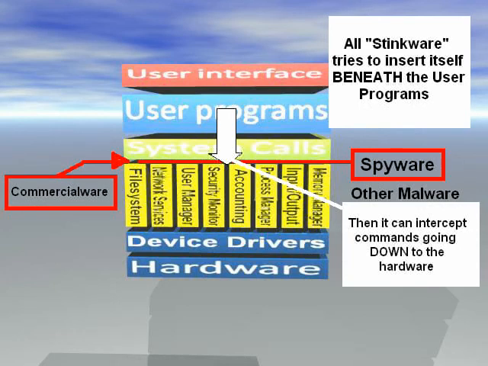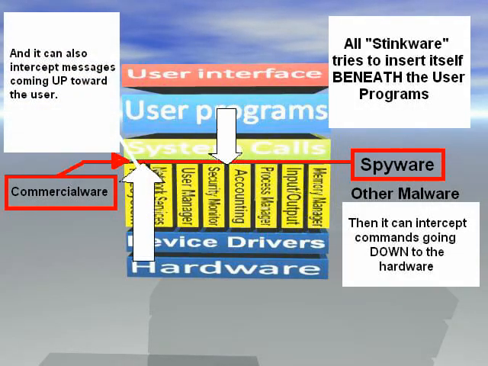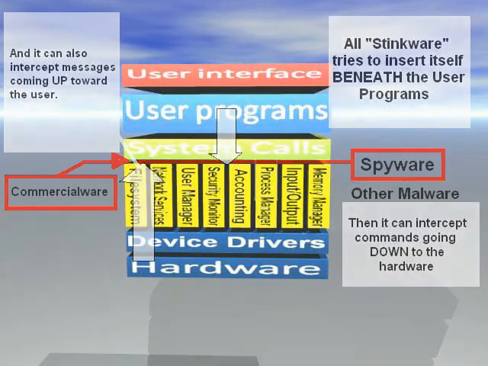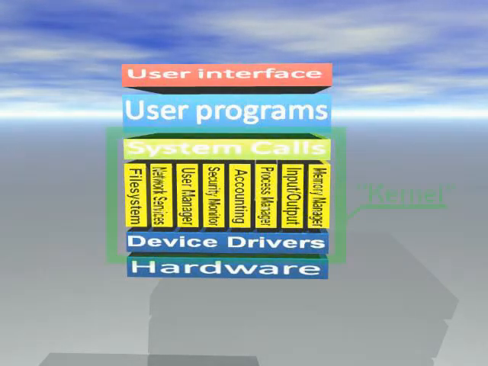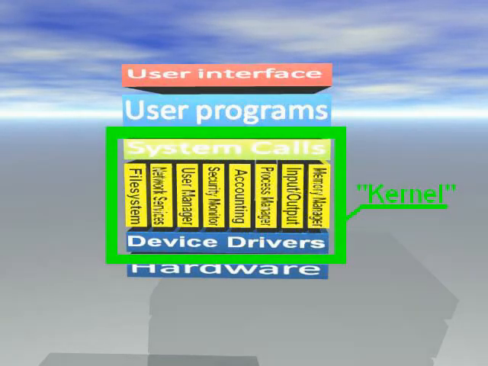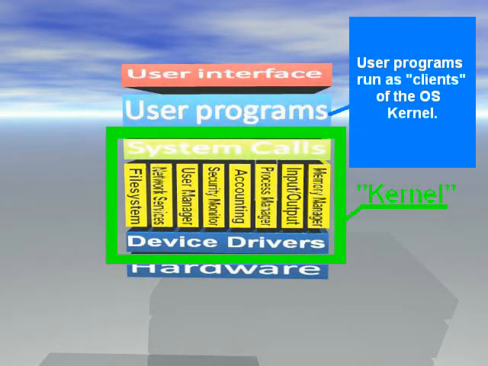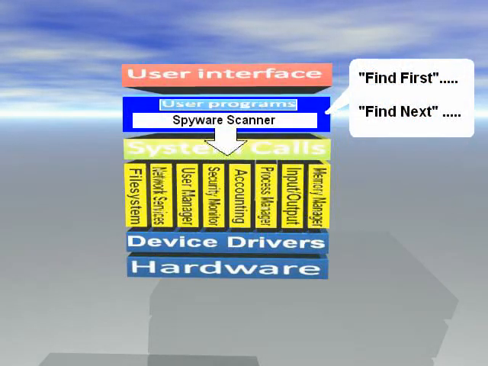In operating system terminology, we have the notion of a kernel, which is the OS core, and then you've got applications which run as sort of clients of that operating system. So a program you're running, Corel Draw or Outlook or whatever, that's a client of the operating system. Well, so are the spyware scanners. So when you're running even a spyware scanner, it's saying to the operating system, in fact, for example, there are two API calls.